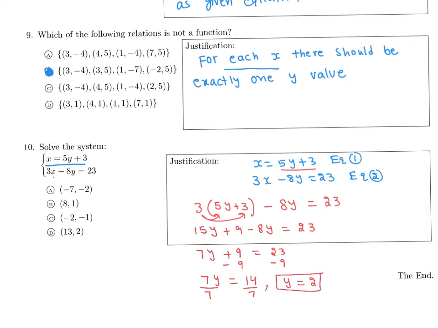Now you're going to find the x value, so you use equation number 1. From equation number 1, you use y as 2 and you get x equals 10 plus 3, that is 13. So 13 comma 2, that's going to be D right here.